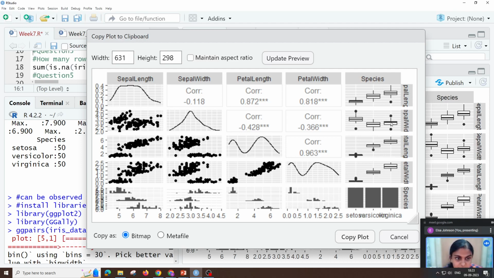Box plots were also covered in the earlier lectures, I think. So box plots are also drawn in this plot. So this is the whole pair plot. I hope this is clear till now.